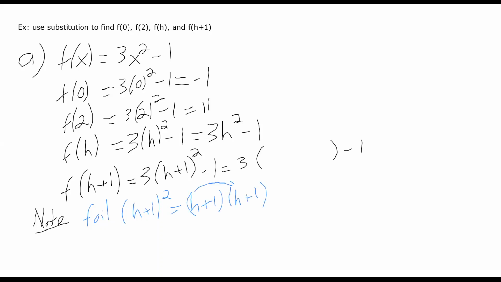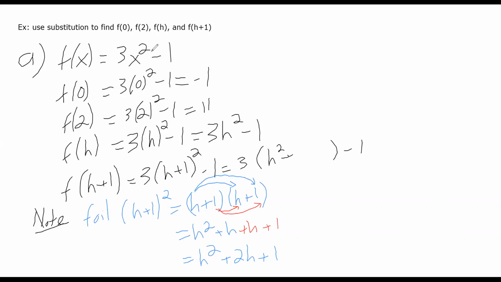You take this and multiply it to this, h squared, and then you take h and multiply it to 1 plus h. Now you FOIL the bottom: 1 times h is h, 1 times 1 is 1. So what we have is h squared plus 2h plus 1. Okay, put it in here.